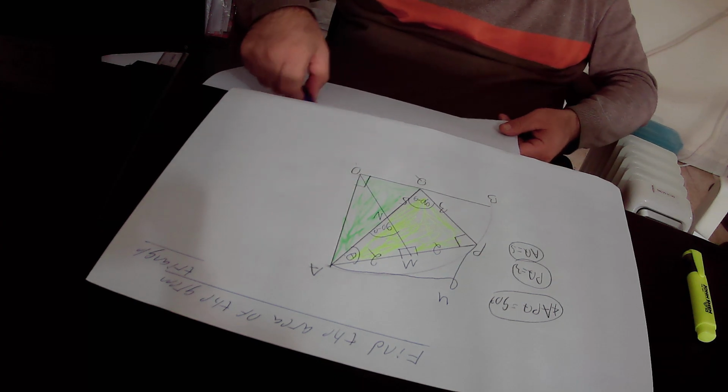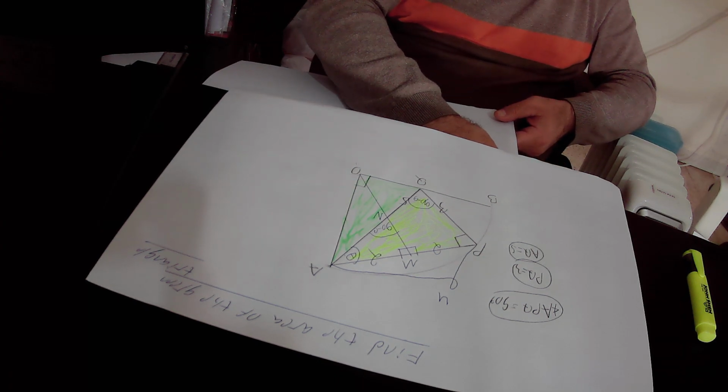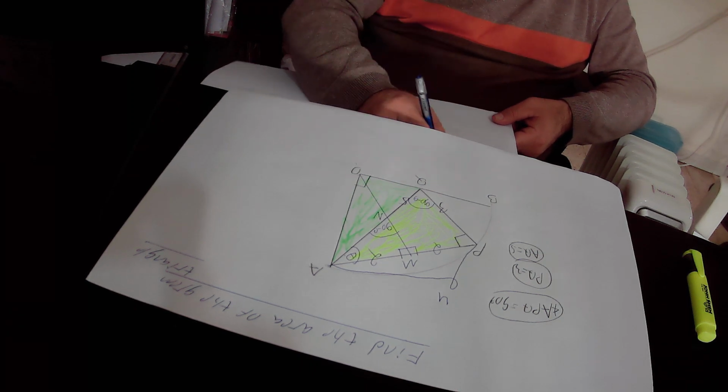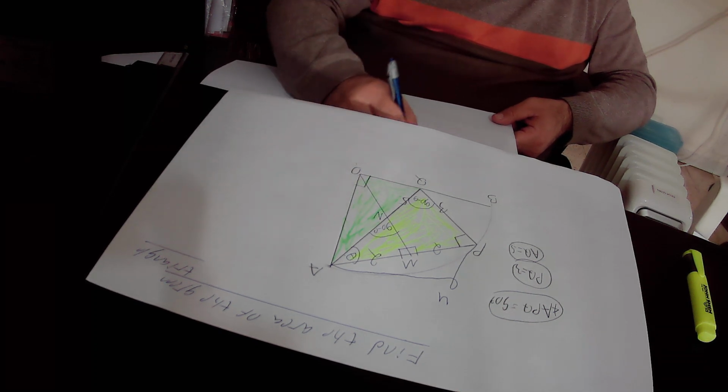So I write it down. PA in the big triangle over MA in the small triangle is equal to PQ in the big triangle over MN in the small triangle, and it is equal to QA in the big triangle over NA in the small triangle.